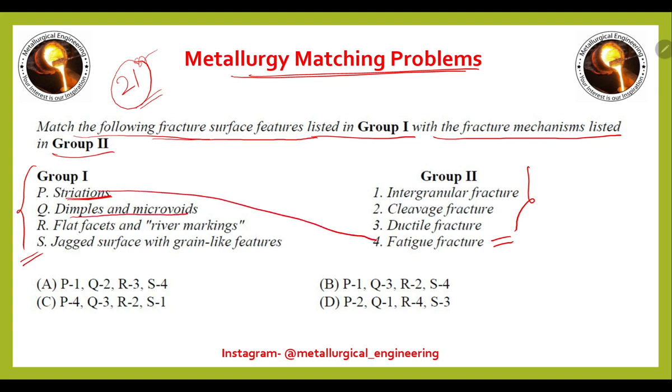Dimples and microvoids are generally found in ductile fracture. Flat facets and river markings are found in cleavage fracture, and jagged surface with grain-like features is generally found in intergranular fracture. So the right answer is P4, Q3, R2, S1. So C part will be the right answer.